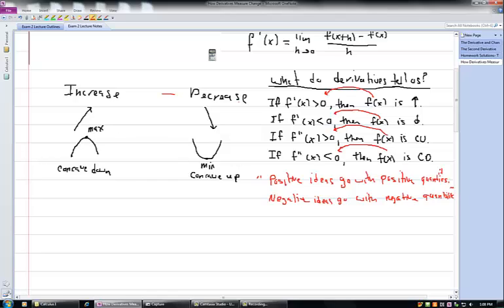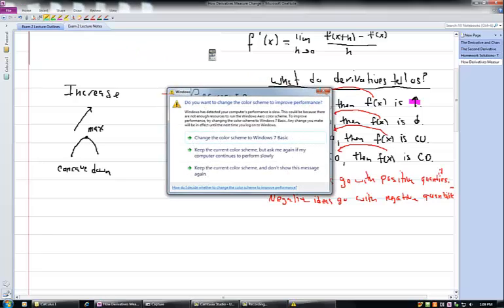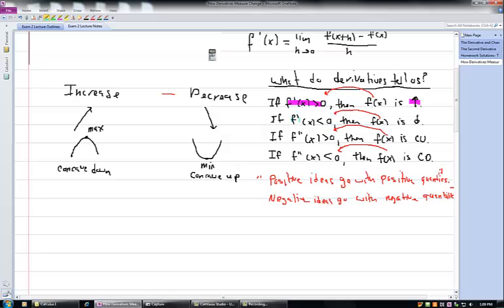All right, so positive ideas. So if the first derivative is positive, let's highlight this. So if the first derivative is positive, it goes with the idea of going up, and positive idea is going up. Whereas if the first derivative is negative, then it goes with the negative idea of going down.